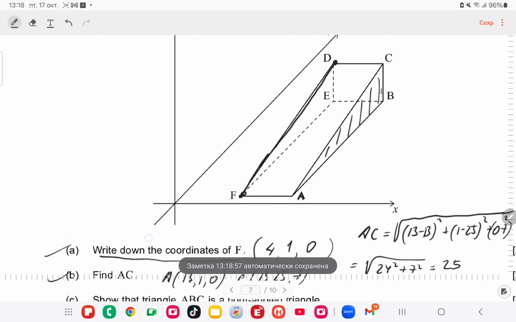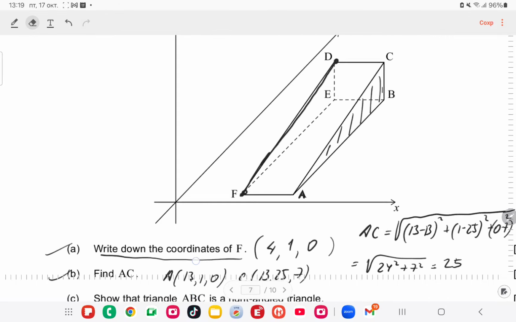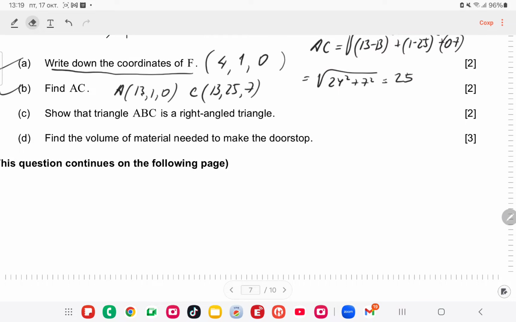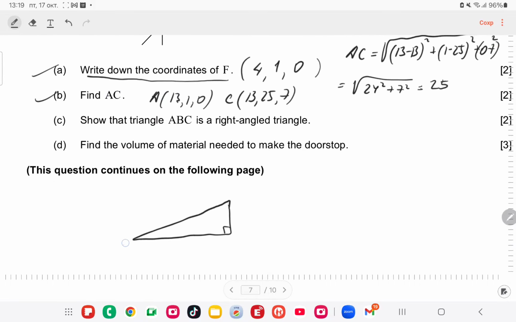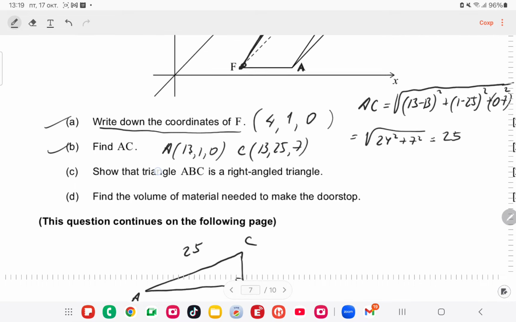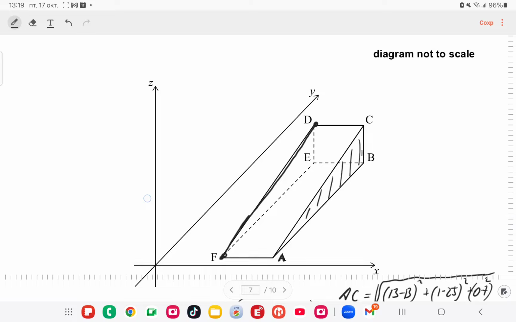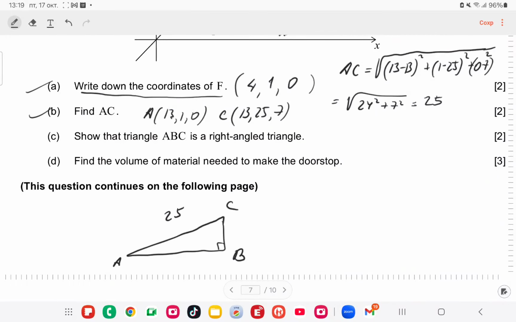Let me draw it another way, just to make it look more similar to our picture. So it will look like this. It's a right angle triangle ABC, with A, B, and C. AC is 25, right? Now we will find the sides BC and AB.